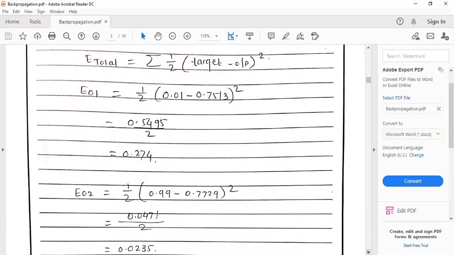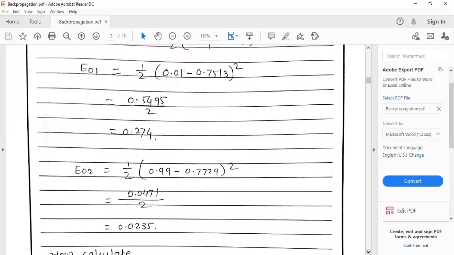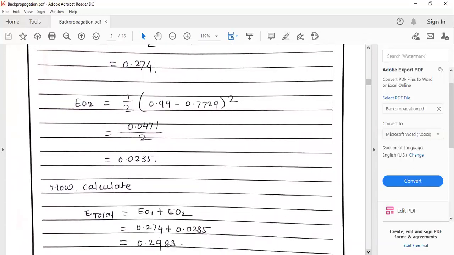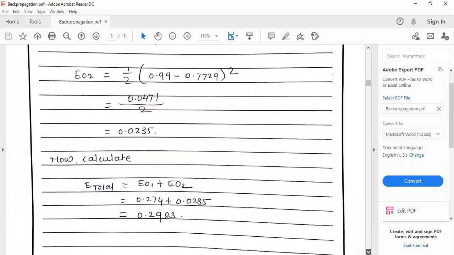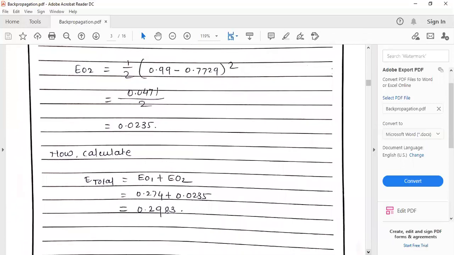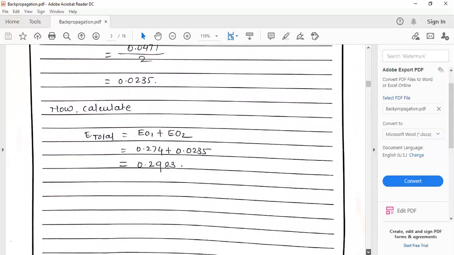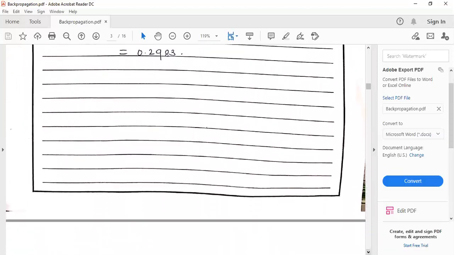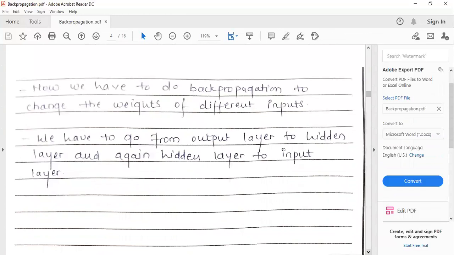Similarly, the error for output 2 you have to calculate, and then add both these values, so you will be getting the total error. So 0.2983 is the total error you are getting from this neural network. Now we have considered bias also, that some error might be there. So these things we have calculated.